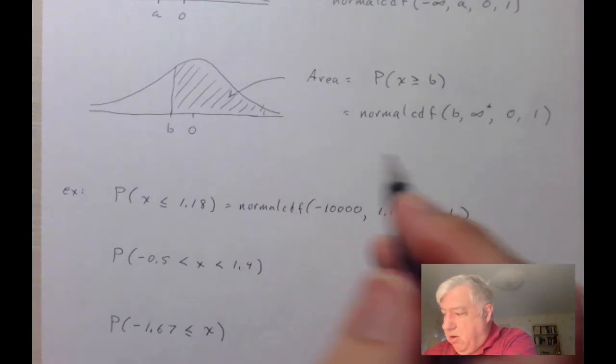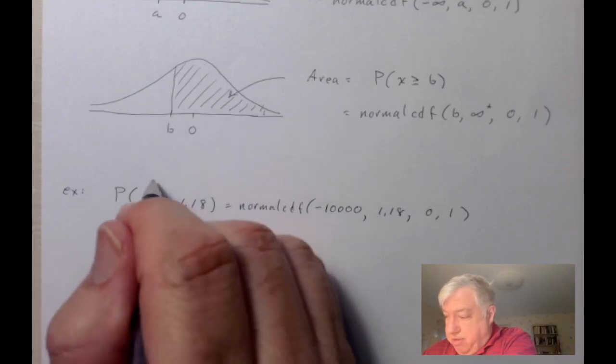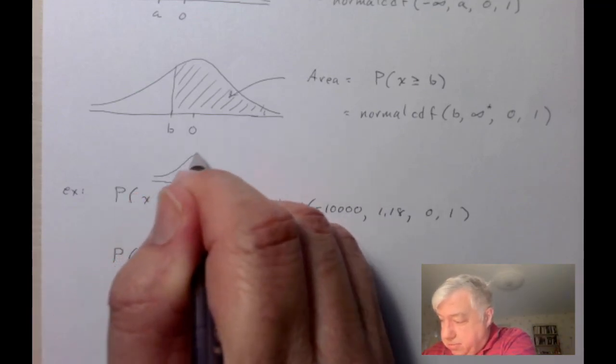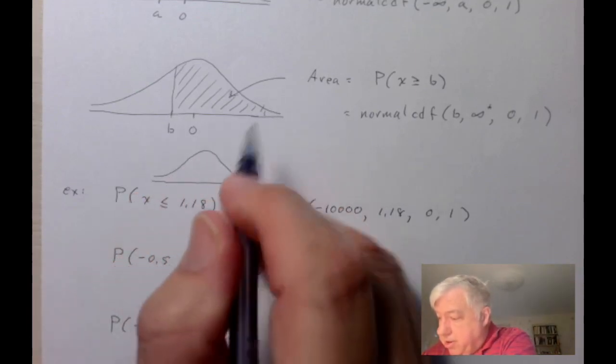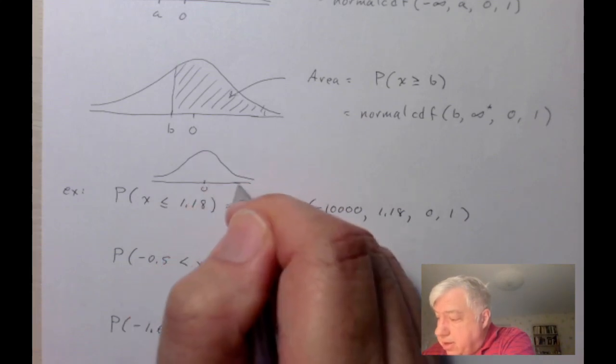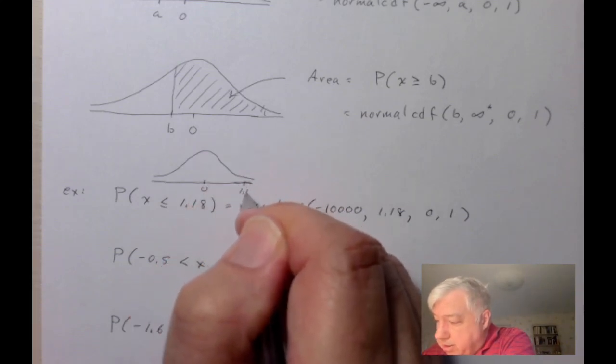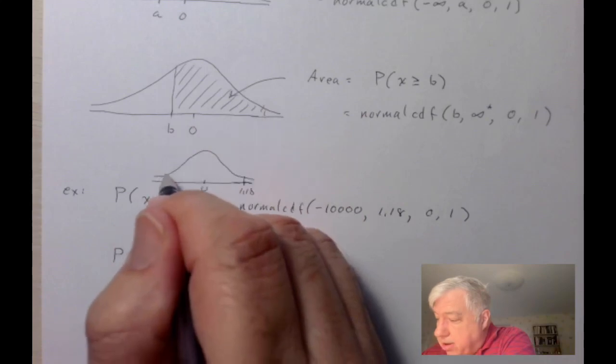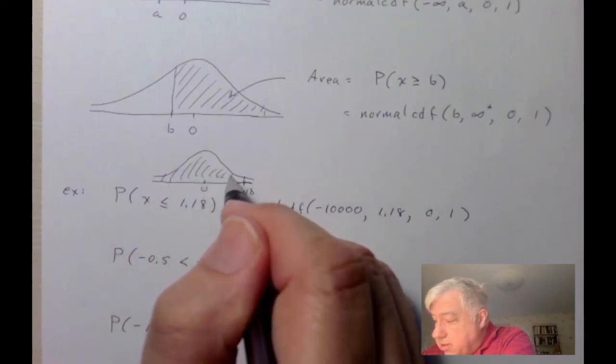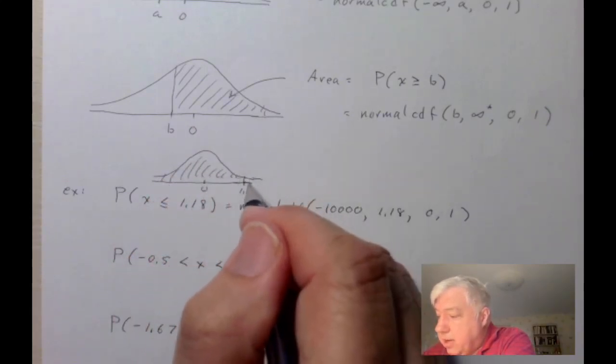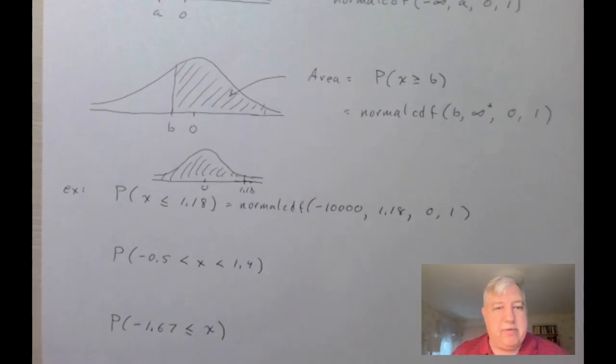It might actually help you when you're first doing this to draw a picture to see what's going on. So here's 0, and here's 1.18. And so we're talking about this region right here. And as you can see, it might be a very big region.